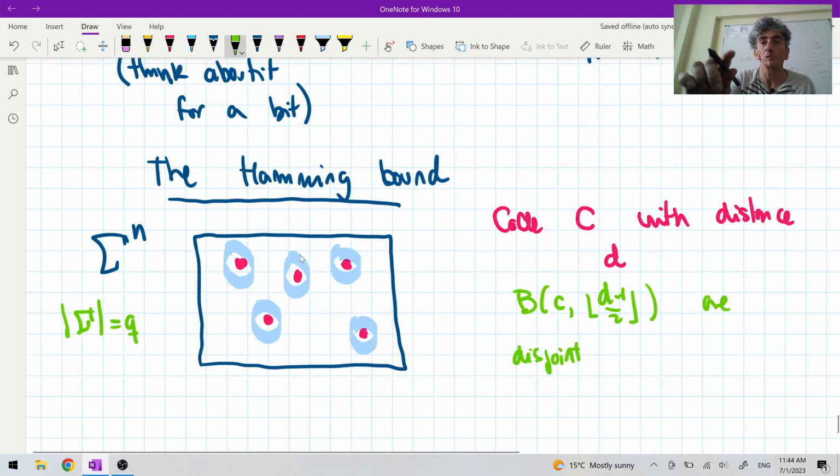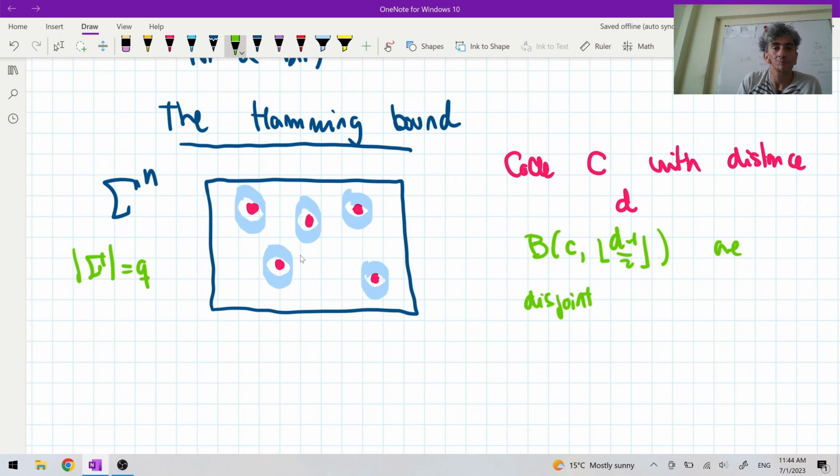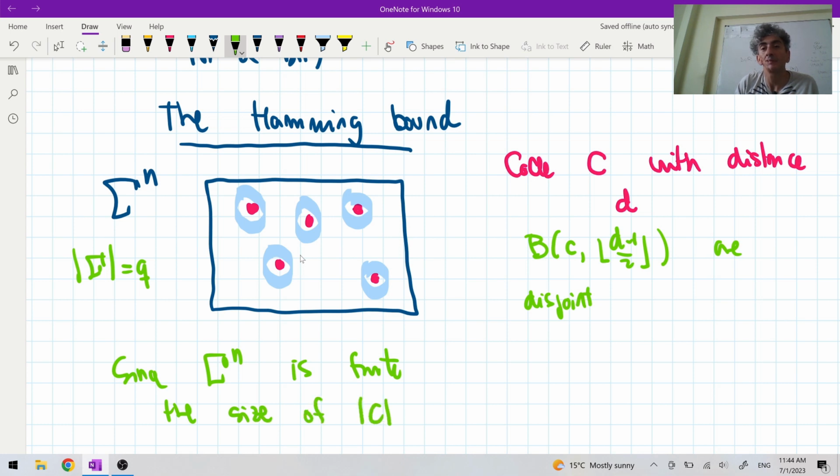So the idea is, since sigma to the n is finite, the size of C can't be too big.